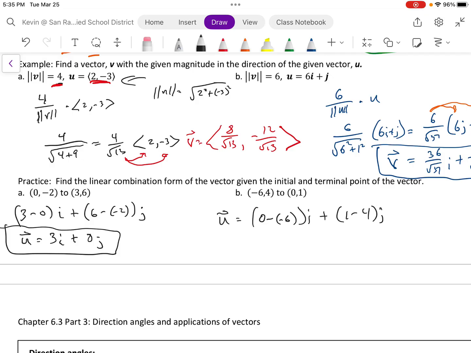And then 1 minus 4, and that's going to be j. So 0 minus a negative 6, that's 6i. And then 1 minus 4 is negative 3, so negative 3j. Whew, that was a lot.